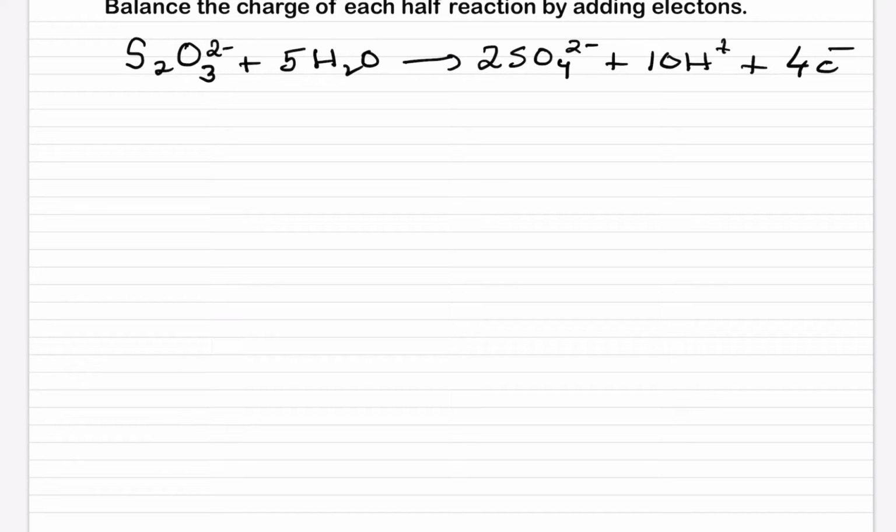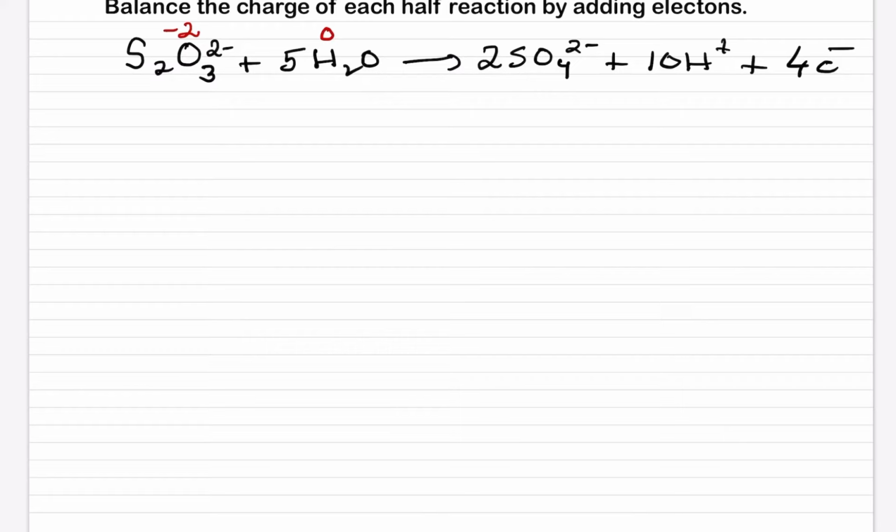S2O3 2- will have an overall charge of -2. 5 H2O here is an independent individual compound, so it will be 0. 2SO4 has a charge of 2-, but overall 2 of it, so 4.